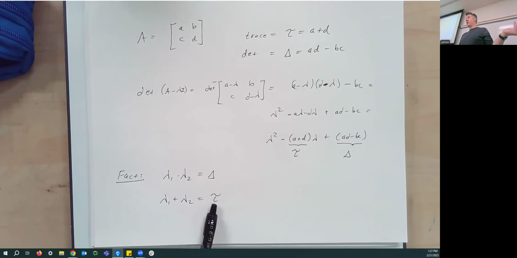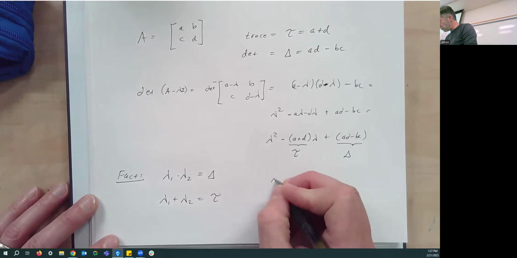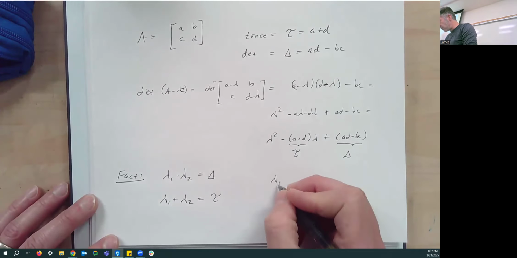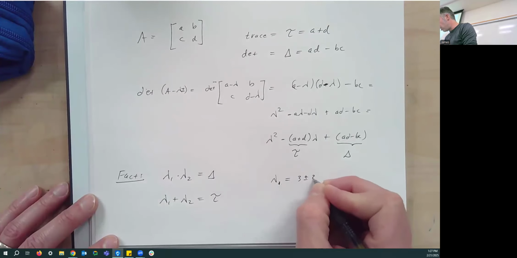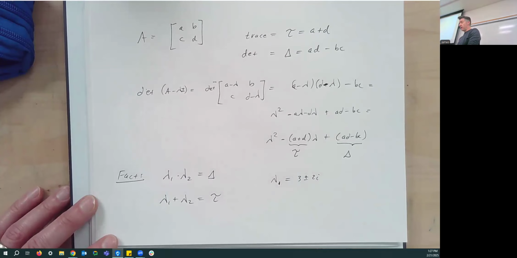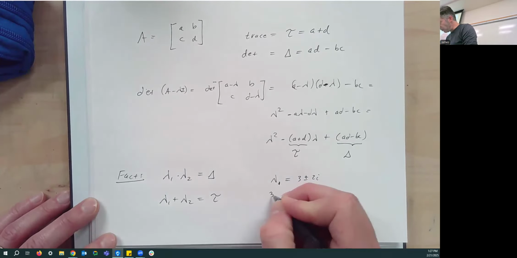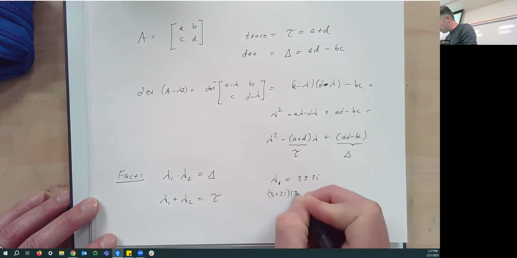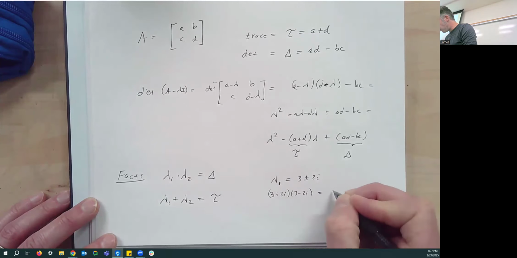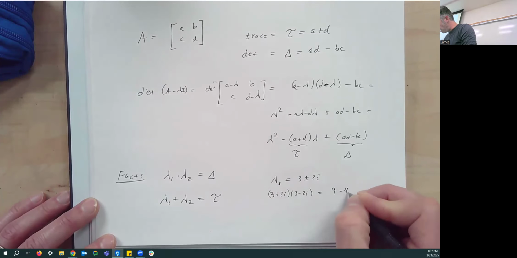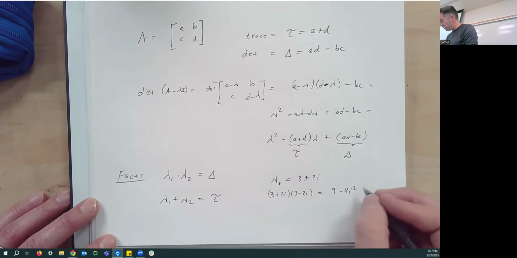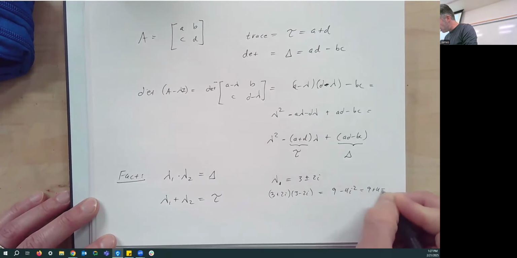For imaginary, same thing is still true. Say my eigenvalues were lambda equal to 3 plus or minus 2i. Those eigenvalues multiply to a positive number. 3 plus 2i times 3 minus 2i is 3 squared; the middle terms cancel, you get minus 4i squared, which means you're adding 4. You get 9 plus 4, which is 13.